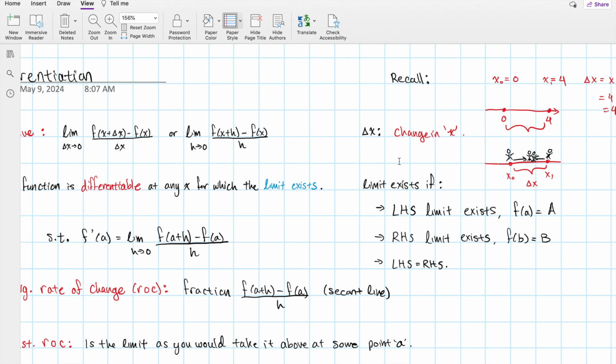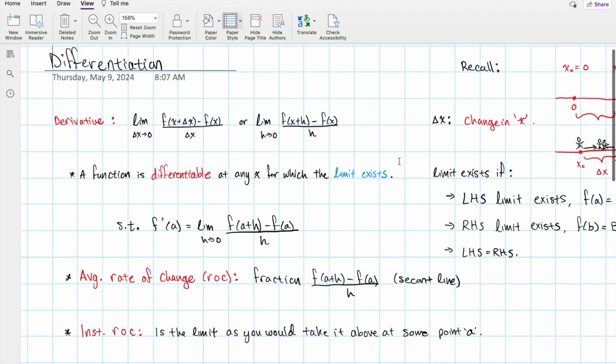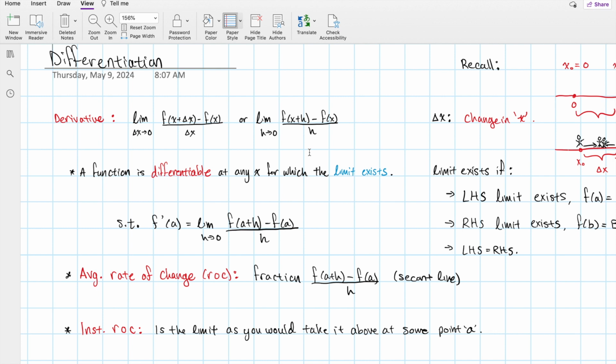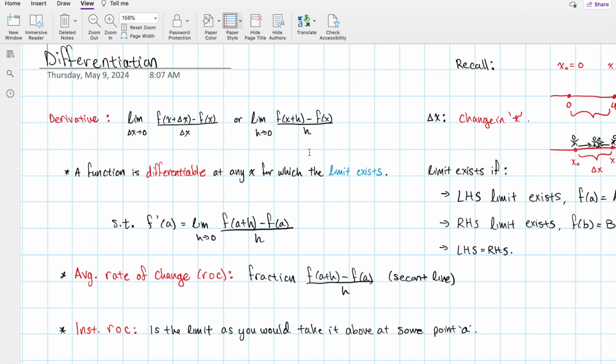To simplify further, if we take two limits from two different sides, coming from the positive and the negative, they need to equal one another. We're going to do an example later on.